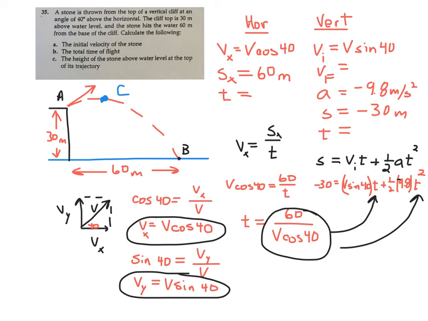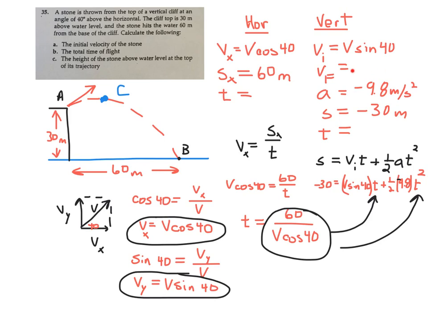So what you have to do now is start the problem over. You've got to go back to your vertical components in order to do part C. You will have to reset these, although now you will know this number because you'll have V. I'm picking my launch spot A and my final spot, point C. This will be a known number now, and this will be negative 9.8 still.